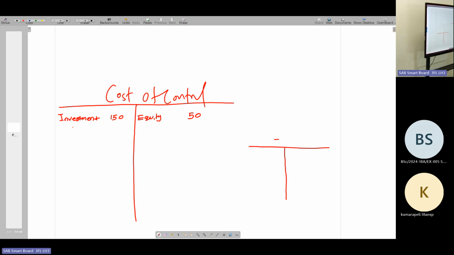Here is the 40%. Here is the double entry. Right, good. Cost of control debit, NCI credit. Right. The double entry would be like that.